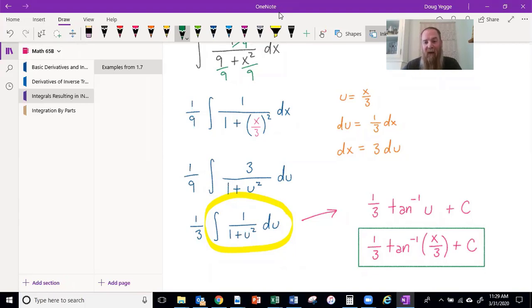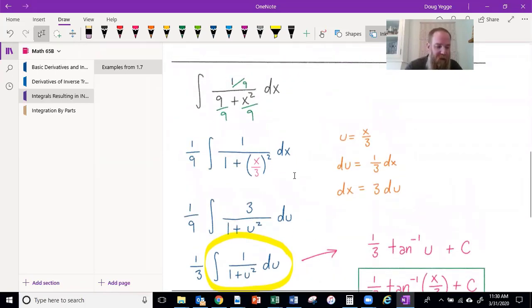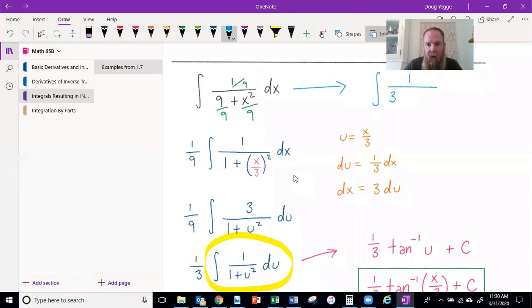Well, I'm going to go way back to the beginning and just show you how we could have done this in one step. Isn't that nice? At the very beginning of the problem, what if I were to just rewrite this as the integral of 1 over 3 squared plus x squared dx.